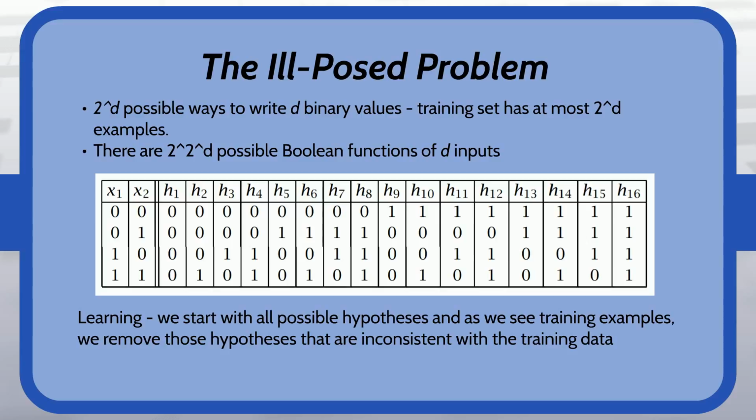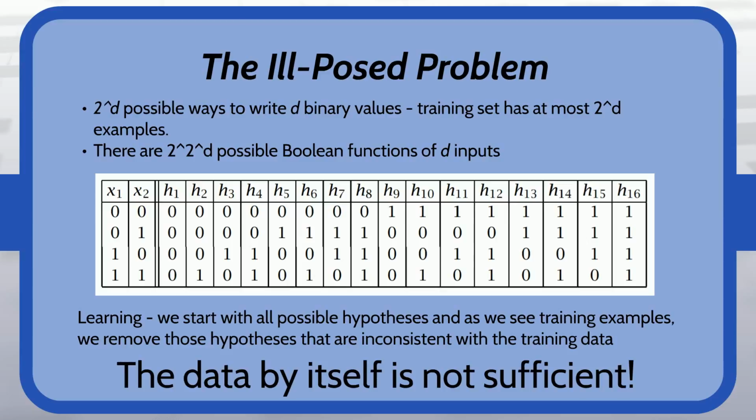If the training set we are given contains only a small subset of all possible instances, as it generally does, then the solution we find is not going to be unique. So this is actually a problem.